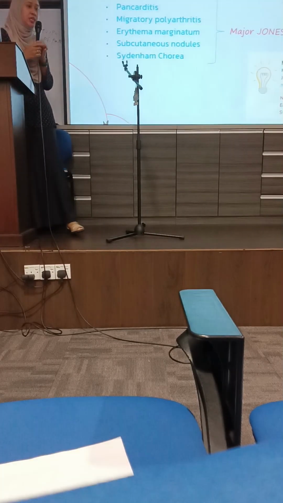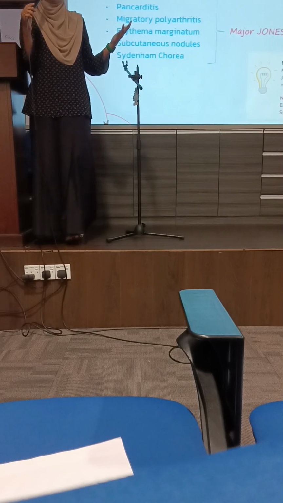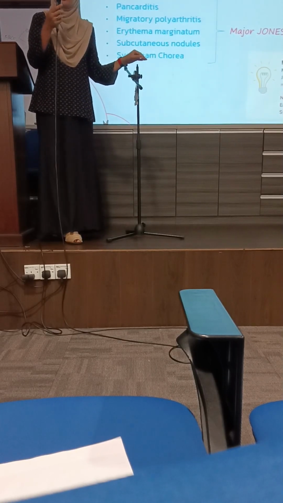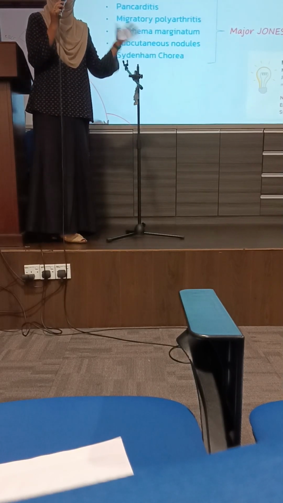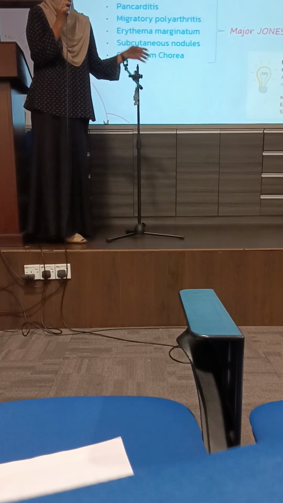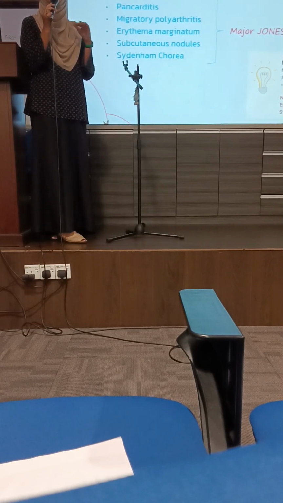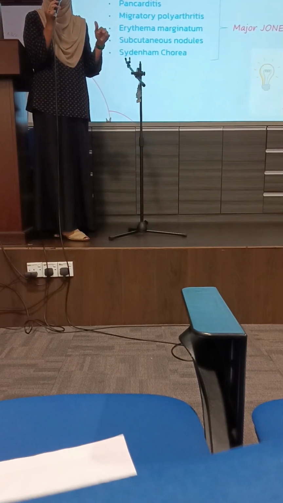Okay, so I said it affects your brain, it affects your skin, it affects your heart. How it manifests clinically: in the heart, it causes pancarditis. Pancarditis is inflammation of all the 3 layers of the heart.